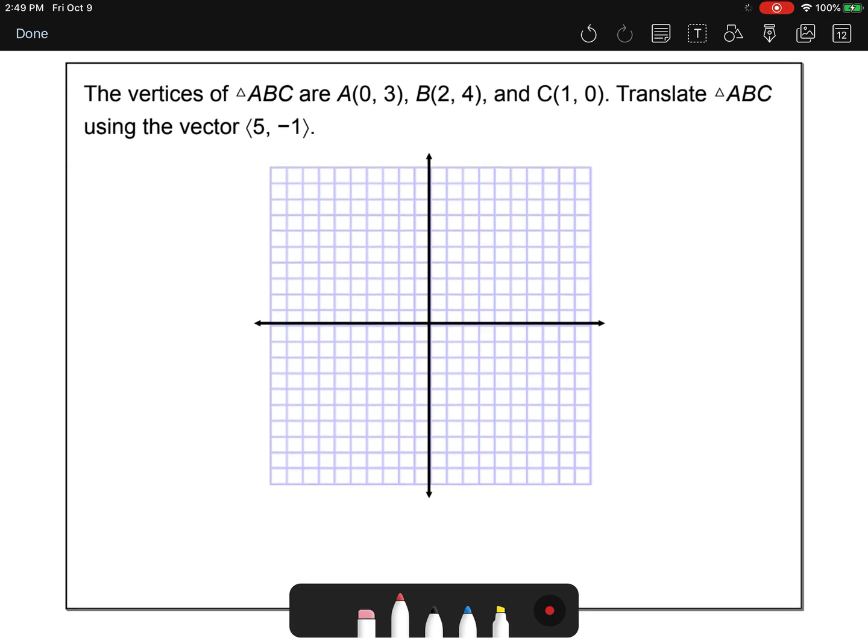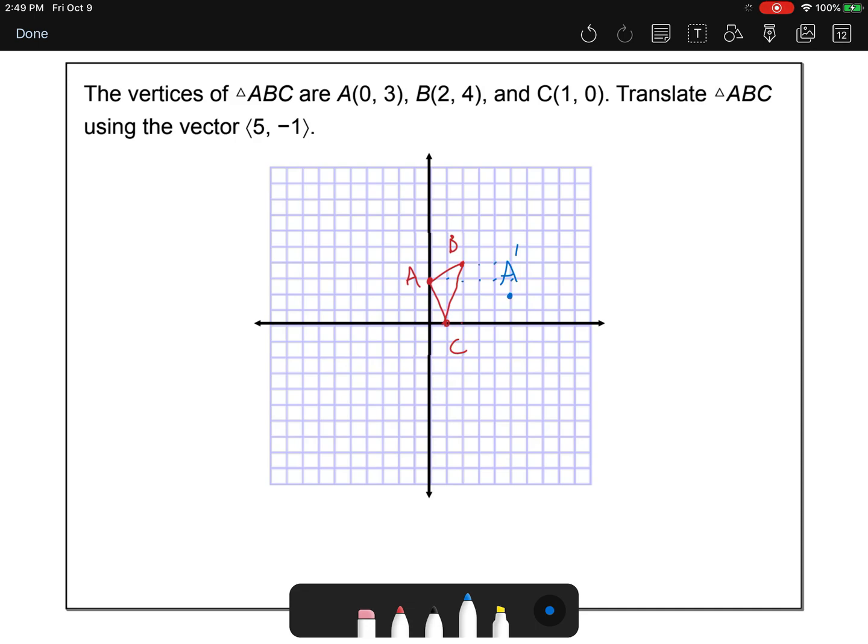So the vertices of triangle ABC are A is 0, 3. So there's A. B is 2, 4. And C is 1, 0. There's our triangle. We're going to translate it using the vector 5, negative 1, which means right 5, down 1. So I'm going to take point A first. We'll use a different color. So point A would be right 5, down 1.